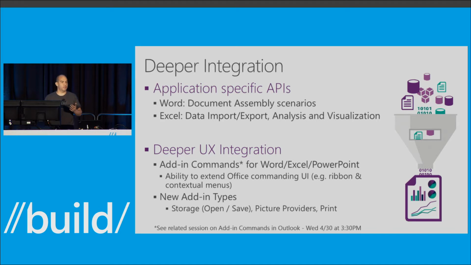And you will, of course, be able to use the existing APIs alongside the new application-specific APIs. The target scenarios that we have for Word are document assembly scenarios. Basically, we give you everything you need to create these scenarios to enable rich functionality for your end users. And in Excel, there are obviously the data import, analysis, and visualization scenarios that we want to enable.